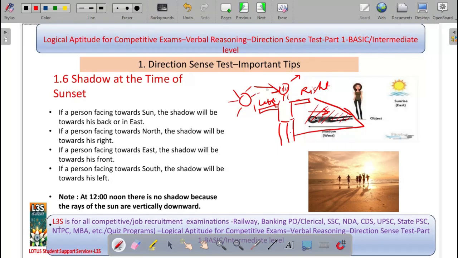And at 12 o'clock, the sun will be vertically above, so there will be no shadow. At that time, the rays of the sun are vertically downwards.